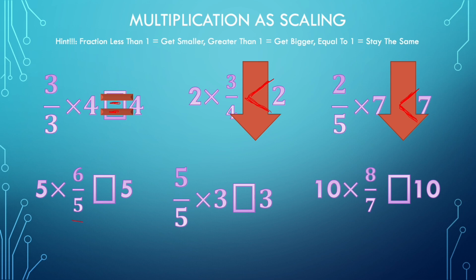Well, I know that 6/5 is an improper fraction. So when it says it's improper, that means it's going to be larger than 1. So a fraction that's greater than 1 means it's going to get bigger. So our answer is going to get bigger. Now we can check, and I would agree.